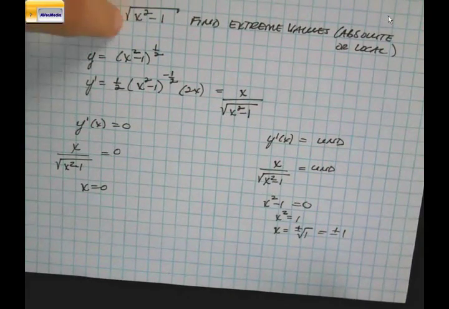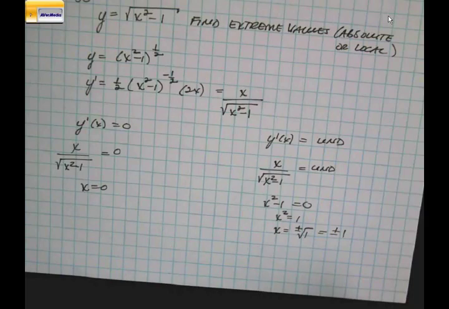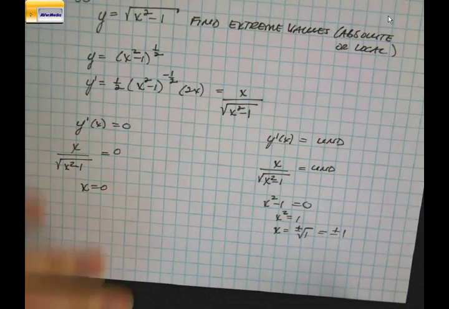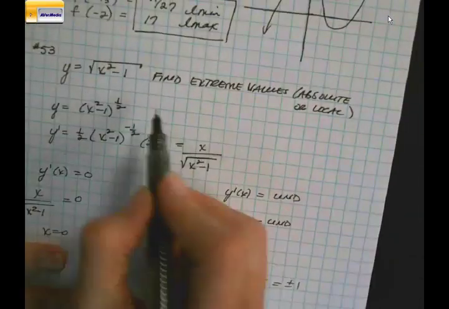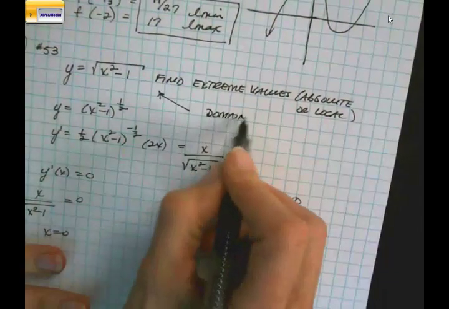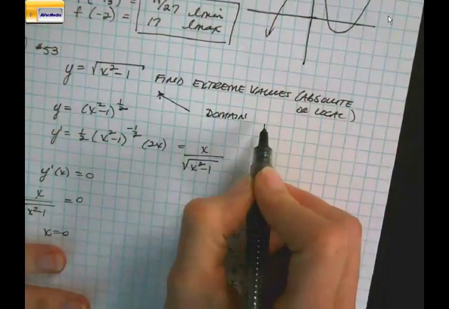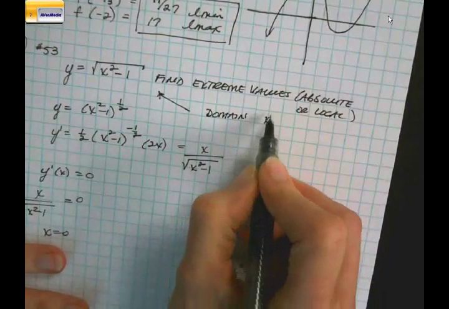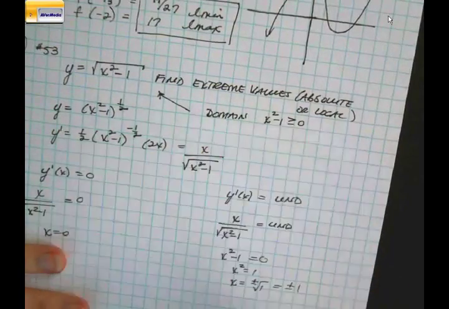What is the domain of this function? Y'all know? What is the domain of this thing? The domain is everywhere so long as x squared minus 1 is greater than or equal to 0, right?